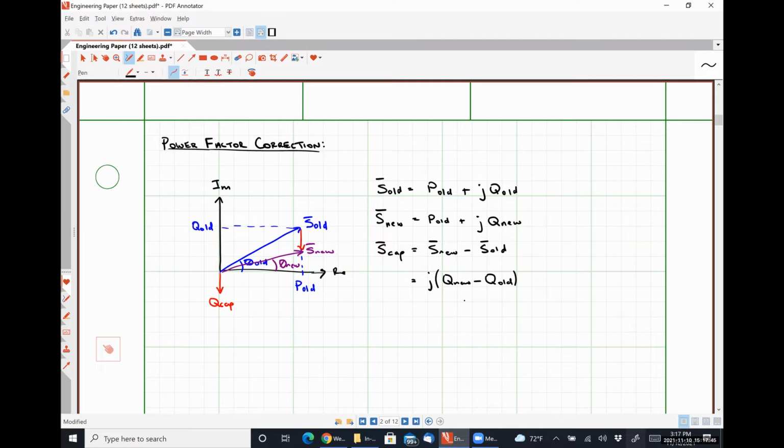Now we need to figure out how to relate that to our value C that the capacitor will have. Well, we developed alternative relationships for the complex power absorbed by capacitors, inductors, resistors, and all that kind of stuff at the end of class on Monday.